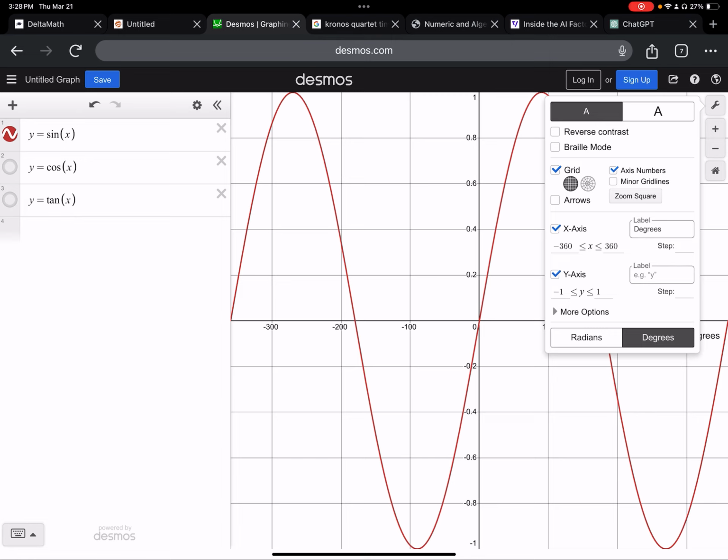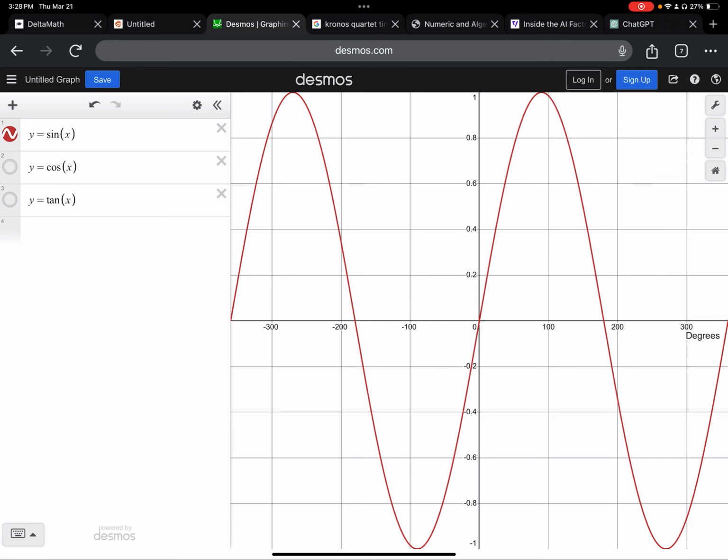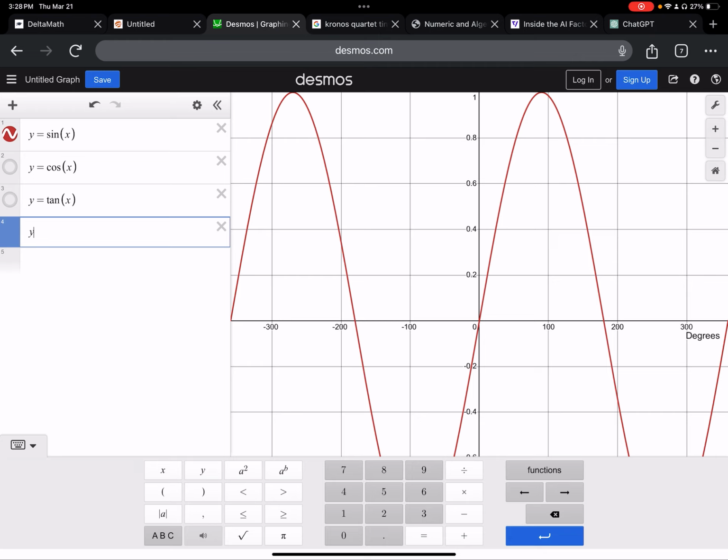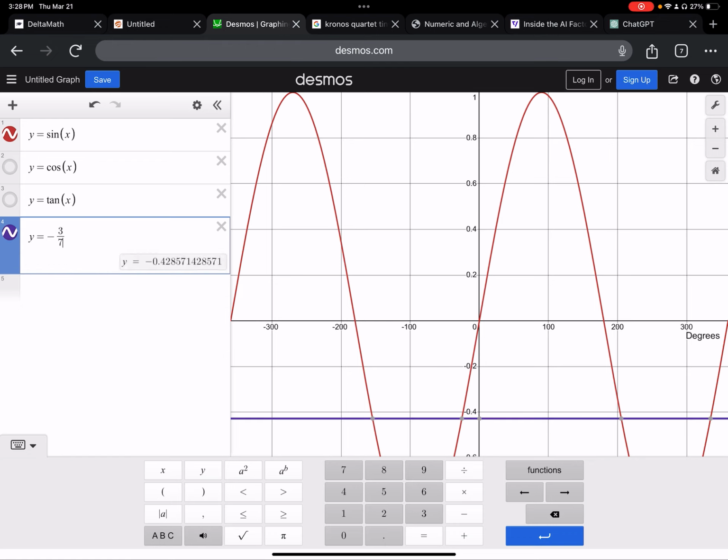My domain is negative 360 to positive 360, and negative 1 to 1. Now I can graph the line y equals negative 3 divided by 7, and you're going to see all the places that it hits.